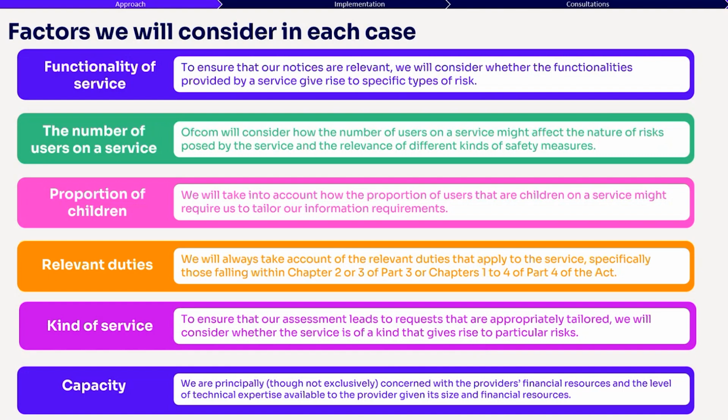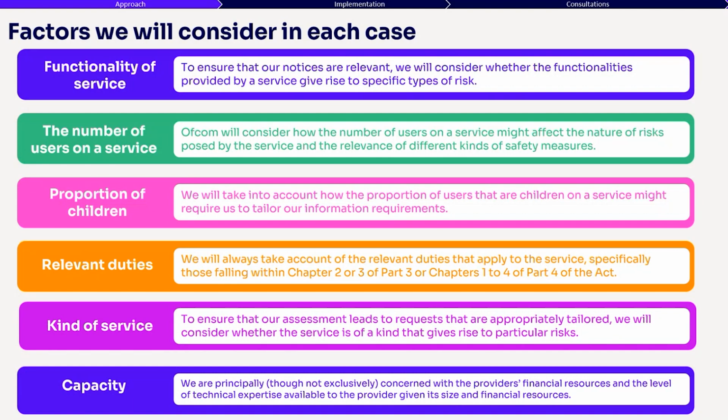So these factors will help us to narrow the topics of information we might request from a service based on how we understand the risks that are most relevant to that type of service and how it works in practice. So to summarize that section, really, it's about prioritizing information about relevant risks rather than asking services about all possible risks covered by the Act.